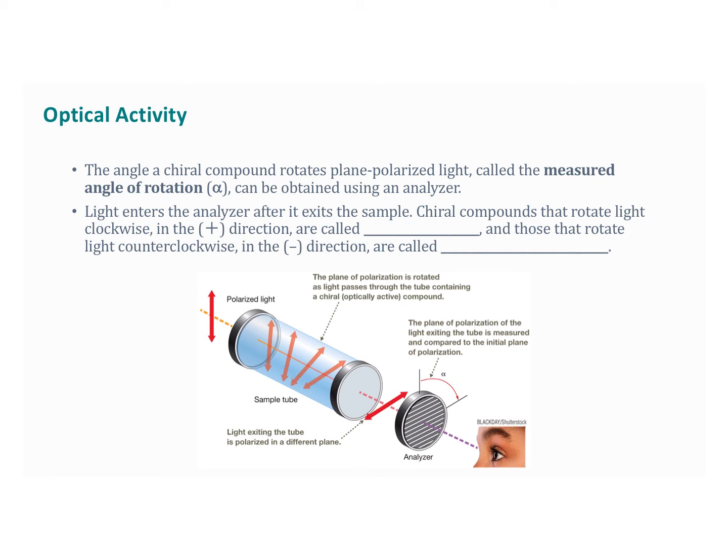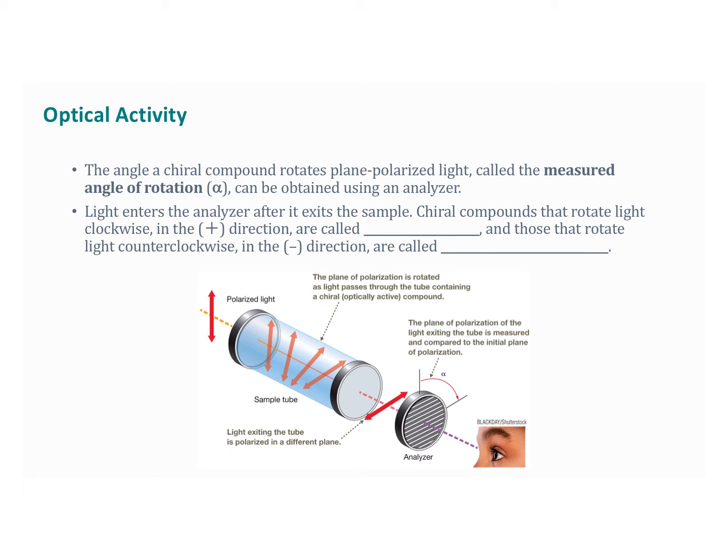We have polarizers in the lab, and we will do an experiment based on this. We'll be able to see different molecules and how they rotate plane polarized light and whether they are chiral or achiral. Now, a few things.